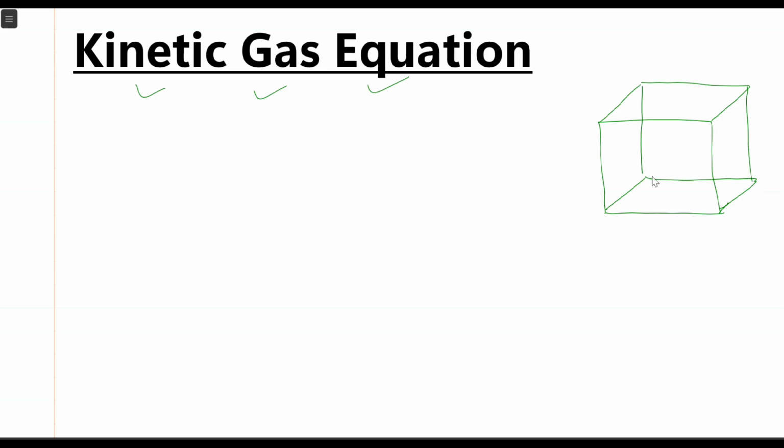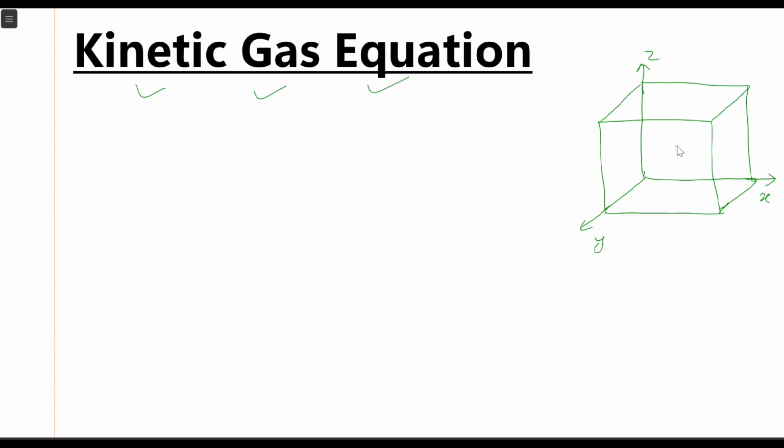Three sides of this three-dimensional box, that is this side, and this side, can be considered to be x direction, y direction, and z direction, or simply x axis, y axis, and z axis.